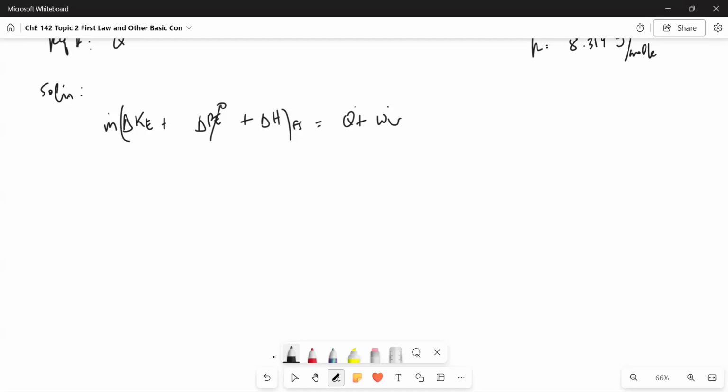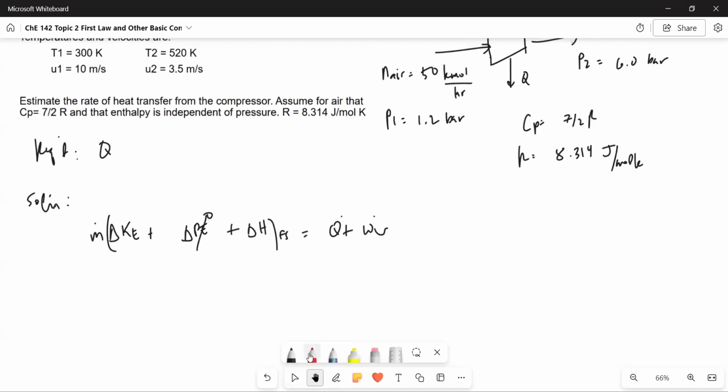And also take note of the molar mass of air. So I use this value, molar mass of air, 84. Unit is, so this is in SI, so grams per mole.